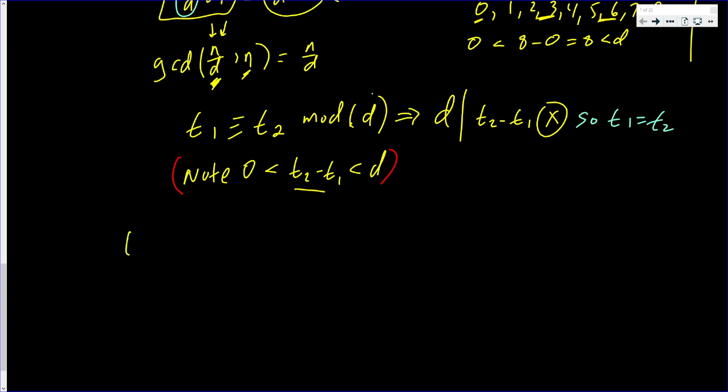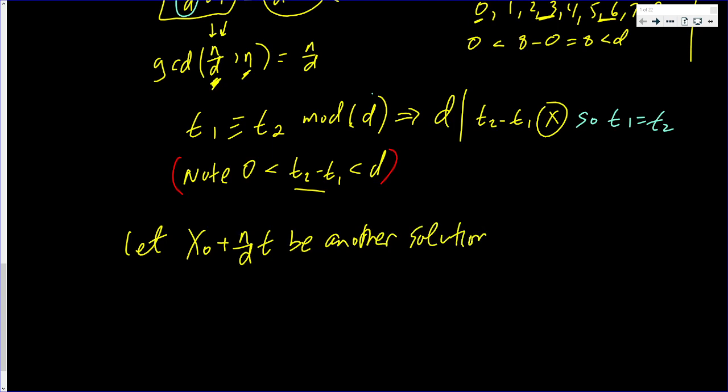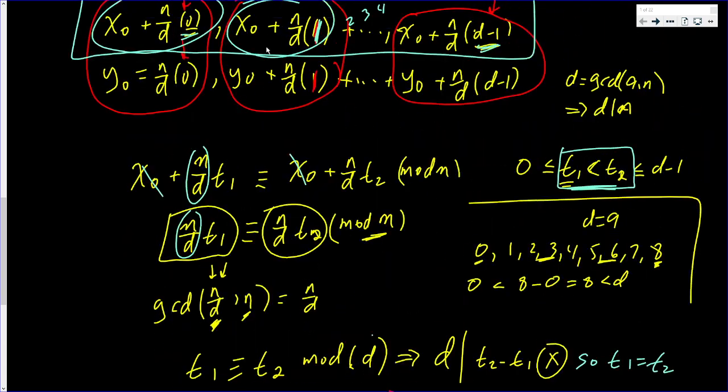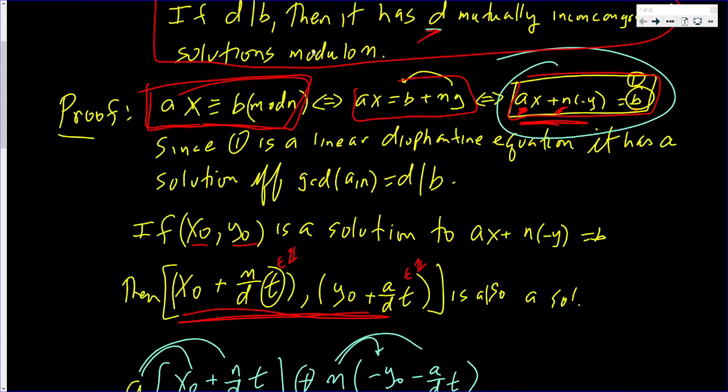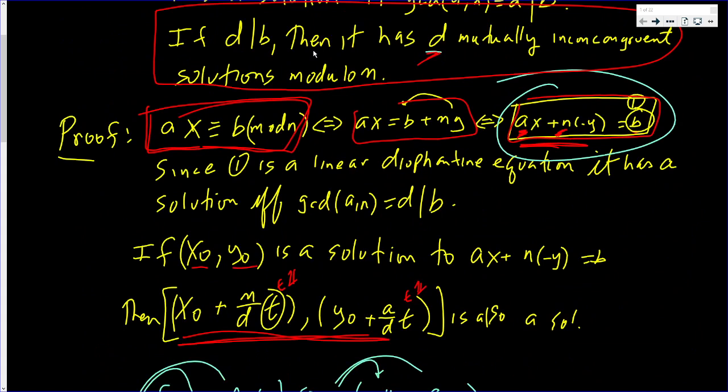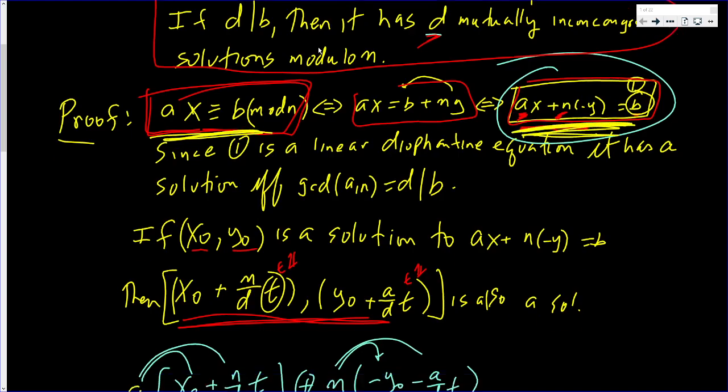So let x0 plus n over d times t be another solution, of course, to the original equation, ax equals b mod n, which is the same thing as this.